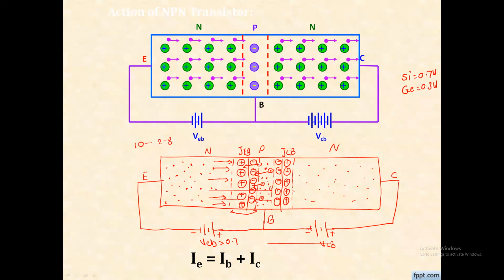And whatever 2 electrons are combined with the holes in the base region, they will be attracted towards the positive terminal of a battery, so that the base current will flow in this direction, and that is called a base current. But as the combination of electrons and holes in the base region is very less, the base current is always very less.